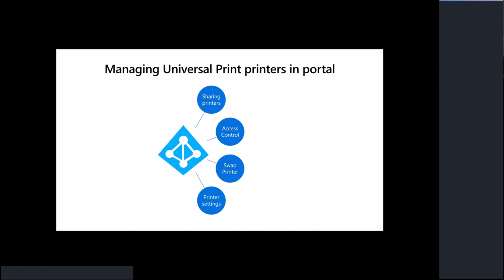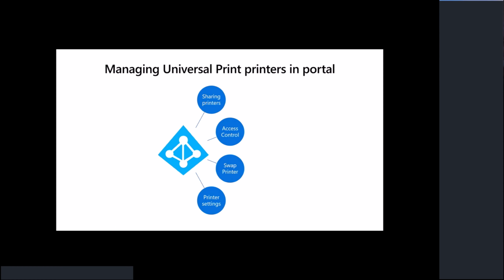So now we've registered a printer, then what do we do? Okay, well, in the portal, we would then share the printer. We give it a share name. And then we have access control where we can give it the Azure AD accounts that will be able to print to that printer.